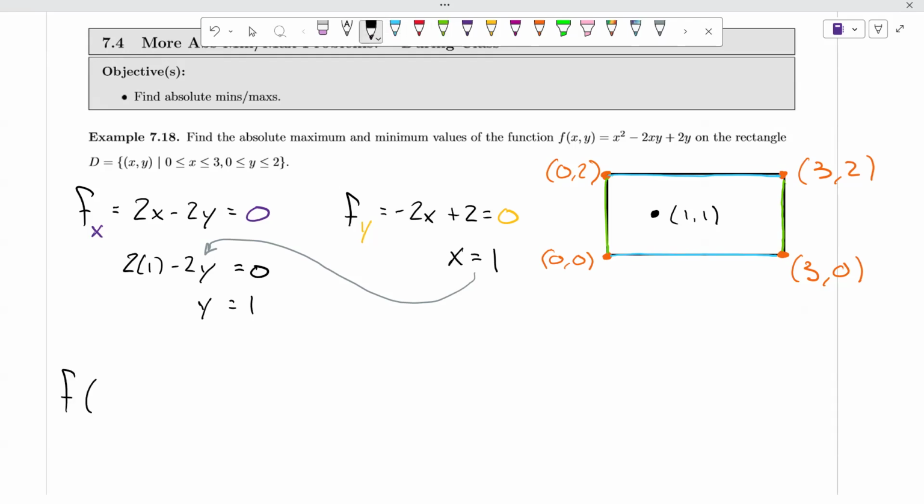I'll have one f of, that's the line x equals 0. Nope, that's line y equals 0. F of x, 0. And what does that look like? It's just x squared, right?